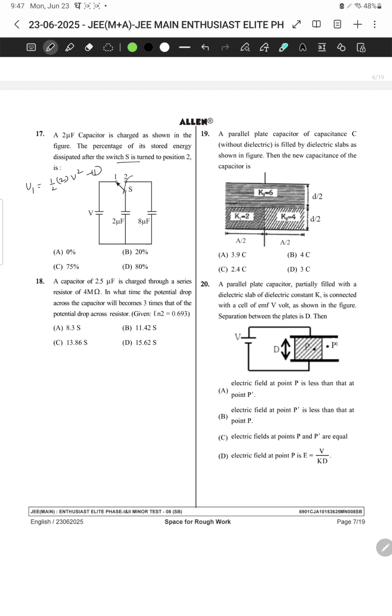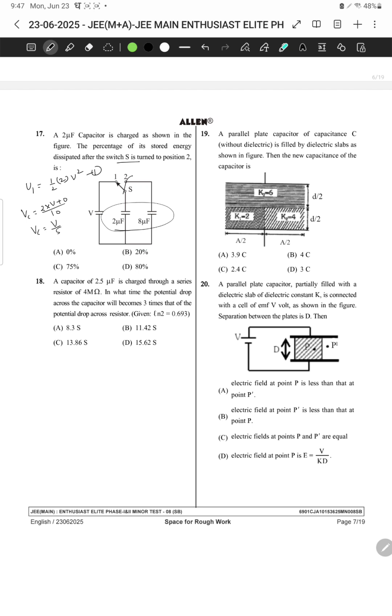Now when it is connected with 2, then these 2 capacitors are connected. So there will be a common potential, right? With 2 capacitors connected, due to the potential difference there will be charge flow, and the common potential will be 2 into v plus 0 divided by 10, which comes as v by 5.